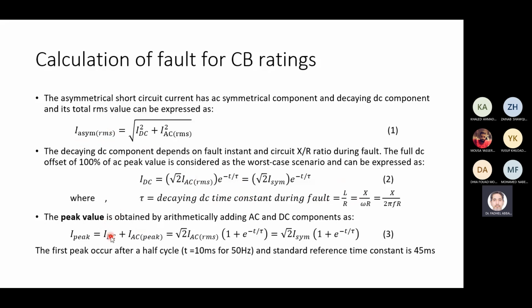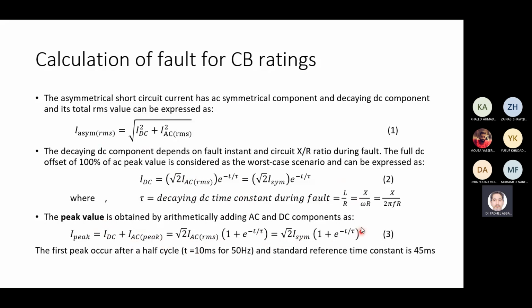To get the peak, it will be the DC value plus the peak of the AC value. You can simplify this into root 2 times the asymmetrical value.